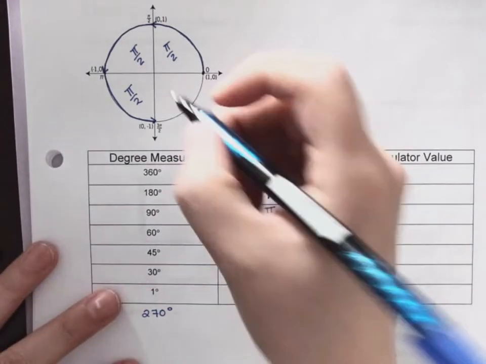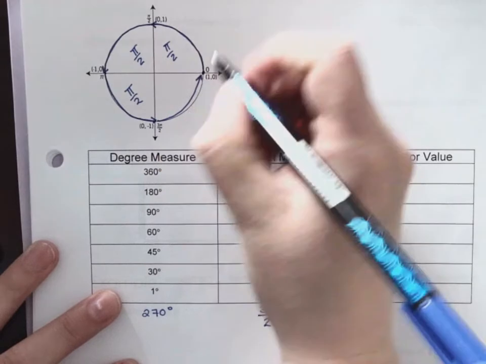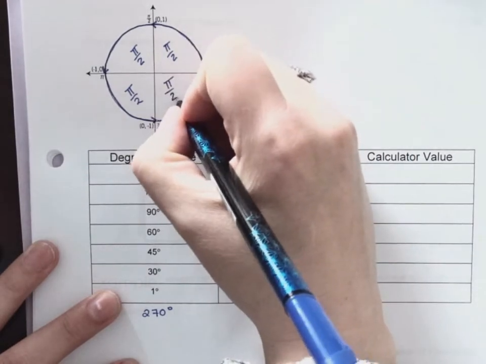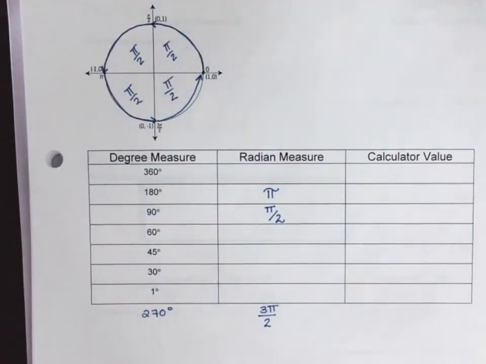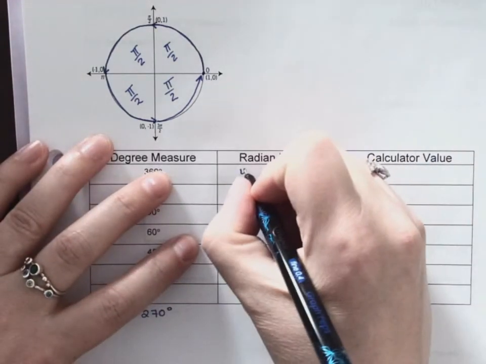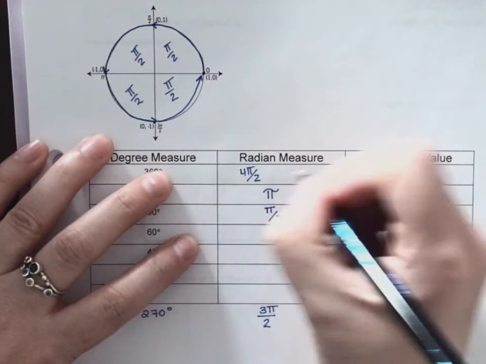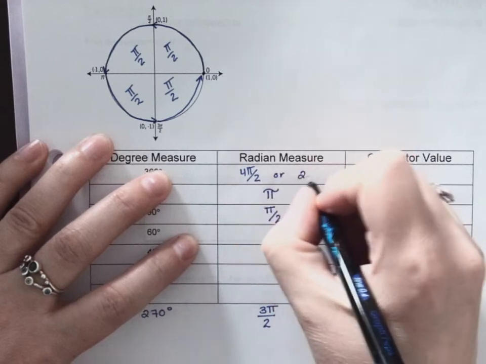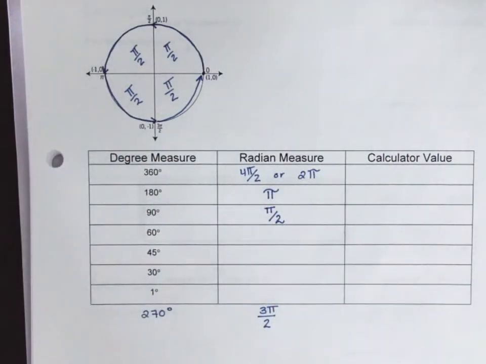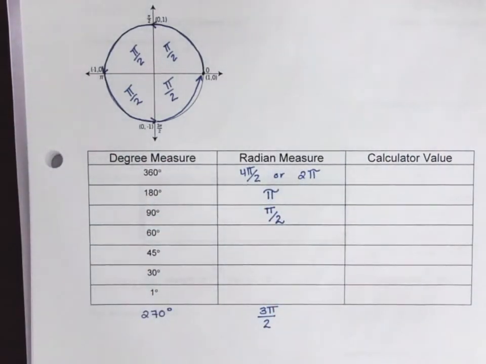Okay, so I'm going to go one more half. How many halves do I have? 4. So 4 halves, so 4 pi over 2, or 2 pi. We kind of already talked about that, right? So that shouldn't be shocking.